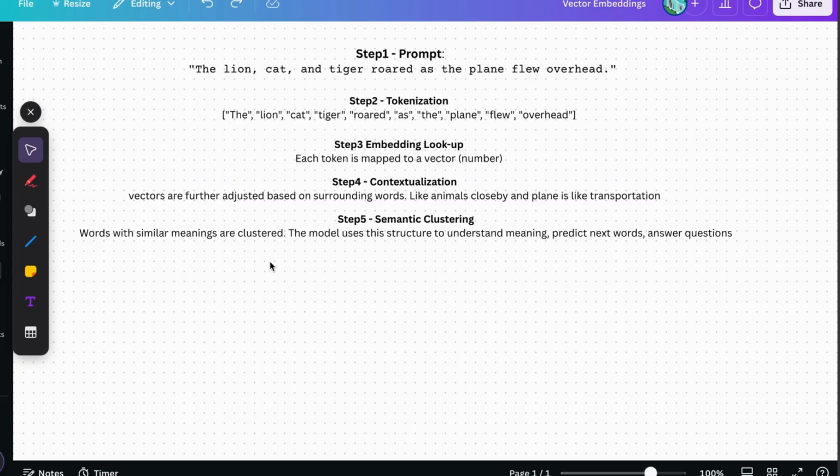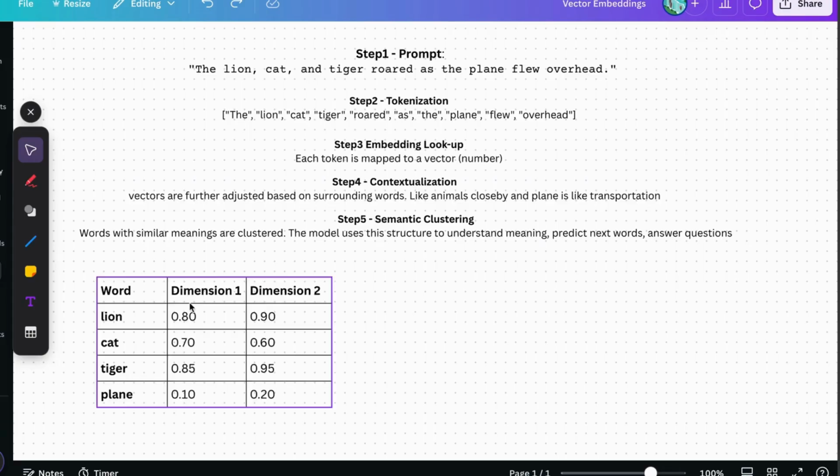Let me show you by putting up a table and giving some approximate numbers to show how they are related. In this two-dimensional view, if I take these four words, this is how the numbers will be allocated, based on the type of the word and the context behind it, right?